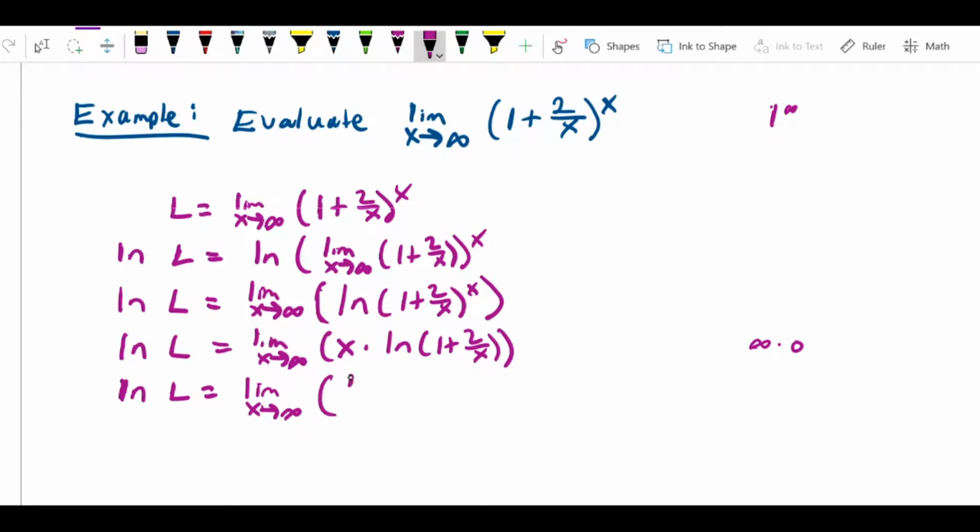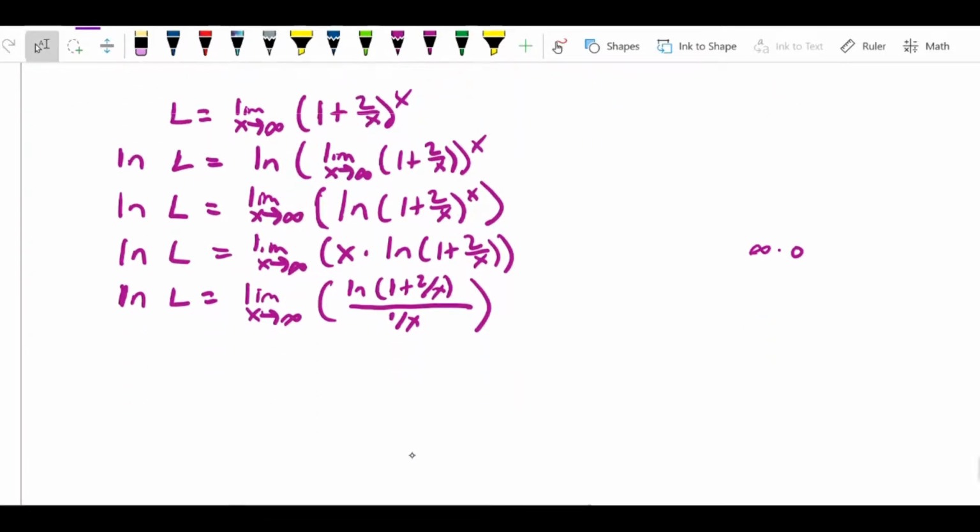I'm going to turn this into ln(1 + 2/x) over 1/x. In other words, instead of multiplying by x, I'm dividing by the reciprocal of x. It's the same thing. So now I have ln of 1, which is 0, over 1 over infinity, which is also 0. So now I'm ready to apply L'Hopital's rule.